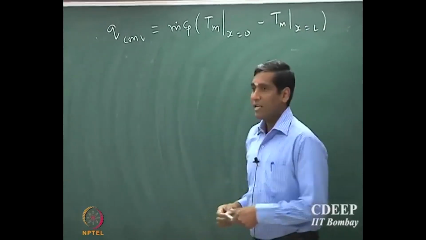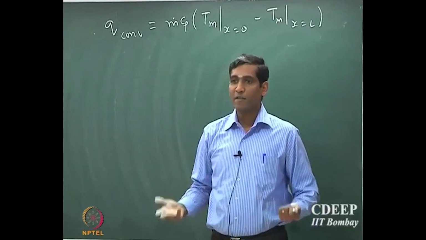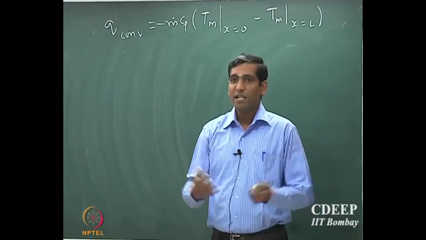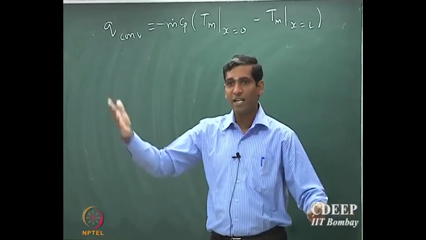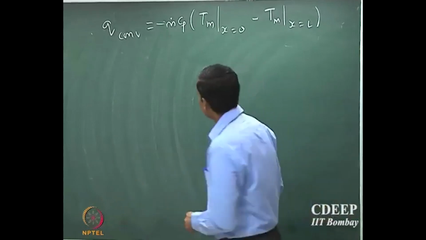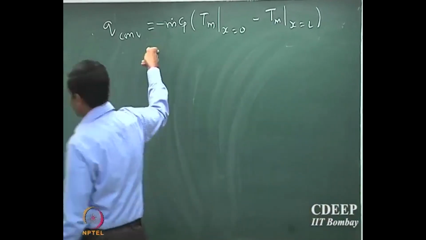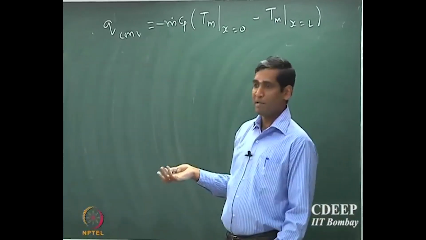So, that is the net amount of heat that is lost by the fluid by simply looking at the difference in the capacity of the fluid at the inlet and at the outlet. So, now I can use this expression and substitute for m dot Cp.